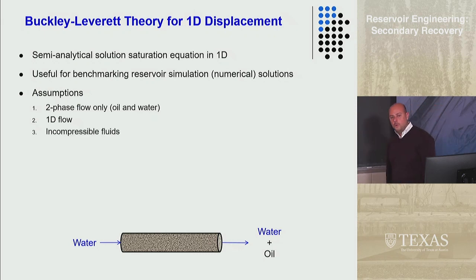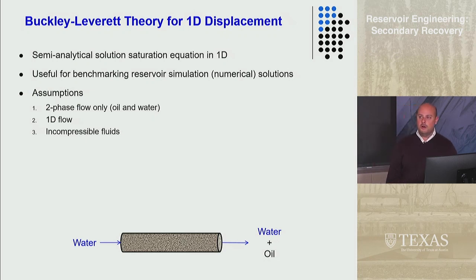Incompressible fluids. Well, this is an interesting approximation. We spent all of Reservoir 1 learning that oil and water are not incompressible, that they're slightly compressible. So how can we make that assumption there? Well, in Reservoir 1 during primary recovery, it's the compressibility of those fluids that really drove flow.